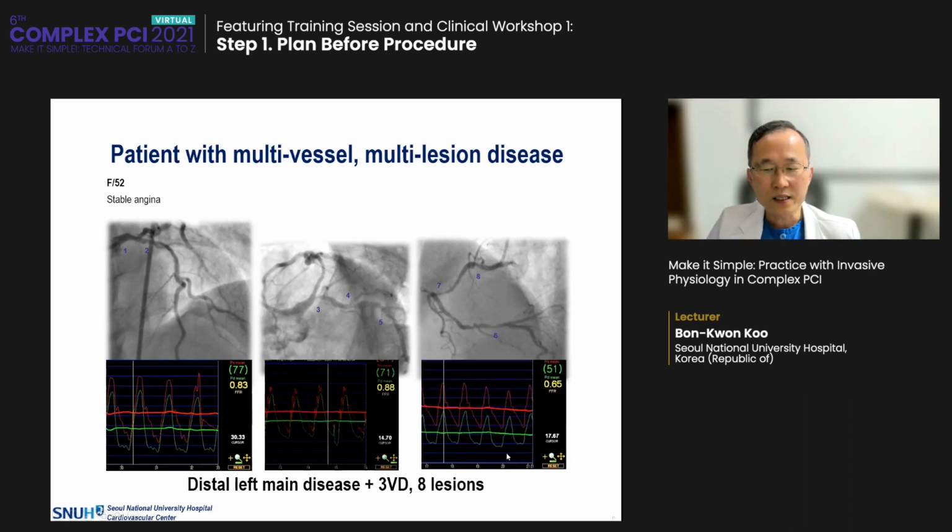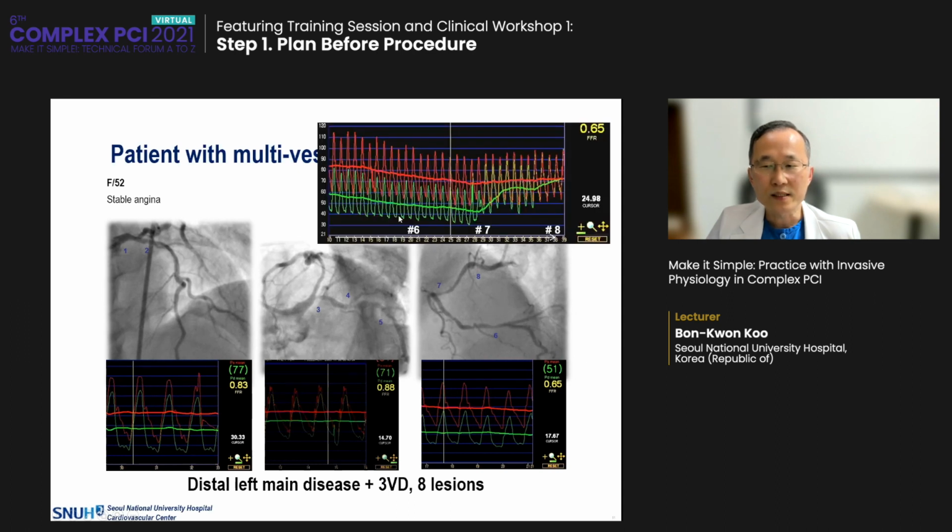For this RCA, FFR is 0.65. But even though this vessel is significant, we have to find the culprit for the symptom. So what we need to do is pull back the pressure wire under hyperemia. There wasn't a significant pressure step up while the sensor was crossing lesion number 6 and 8.